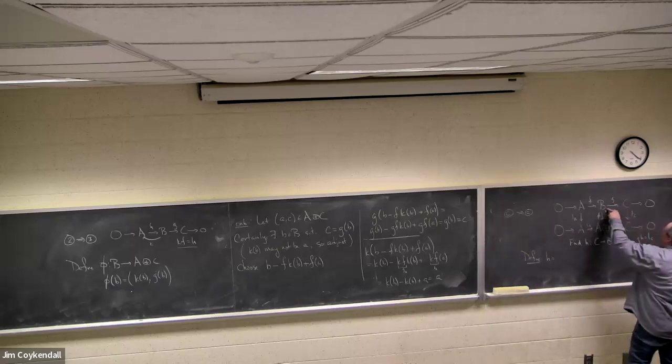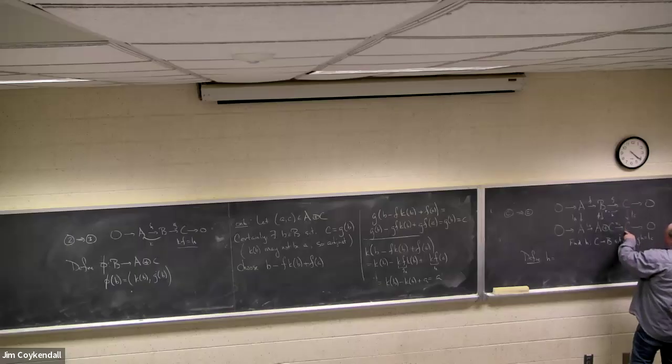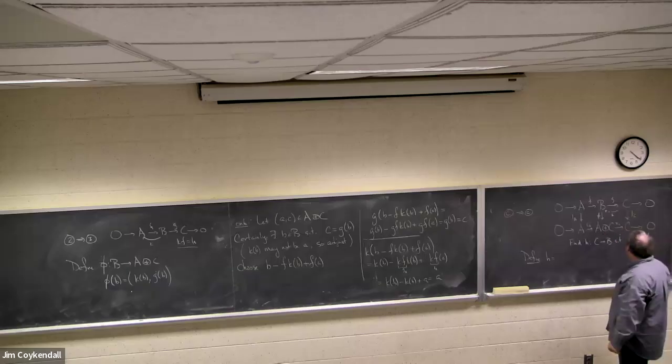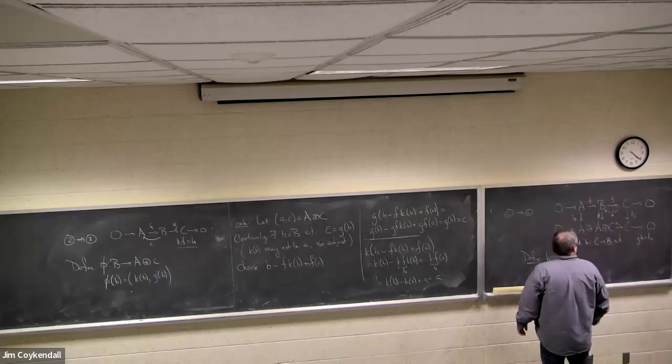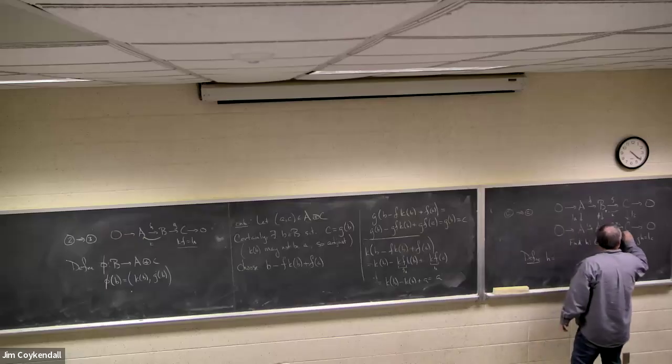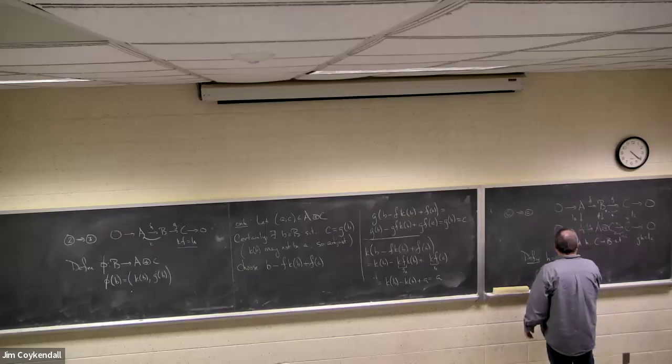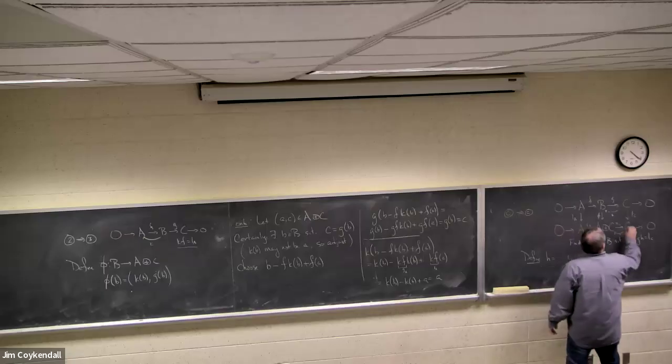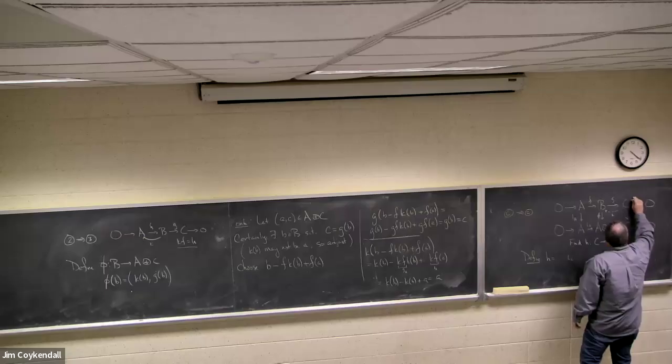I want to go from here to here, so let's just follow this diagram. This essentially does nothing, it's the identity. And then I want to get to B, so I'm going to go back here. So let's call this inclusion C. Start here with, what do we call it?